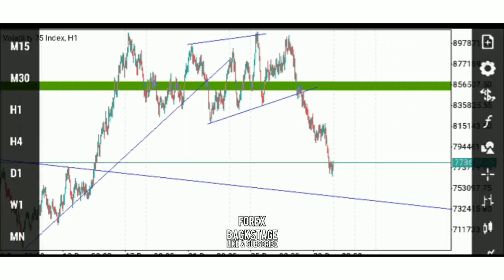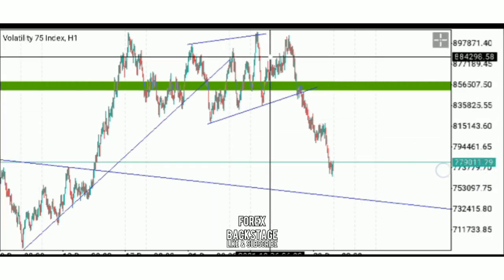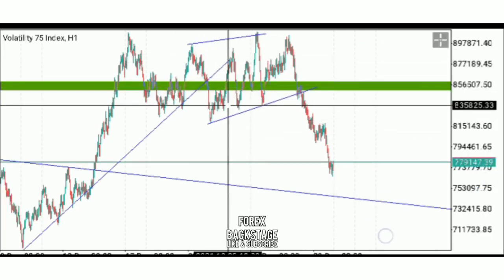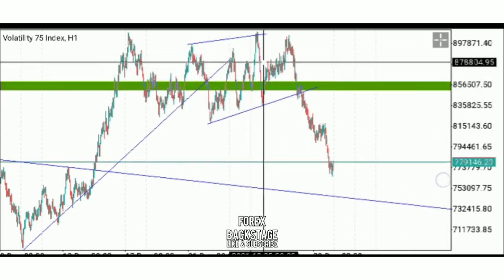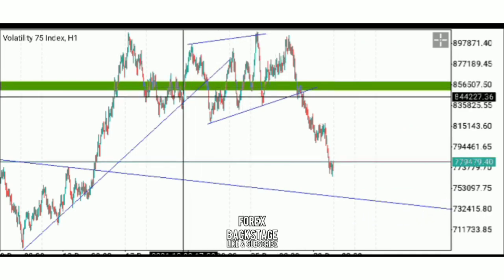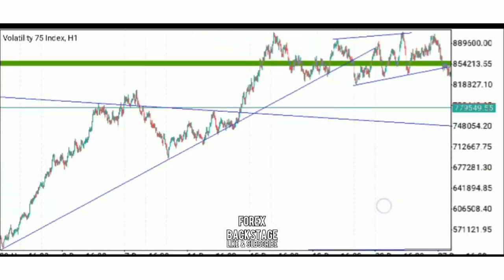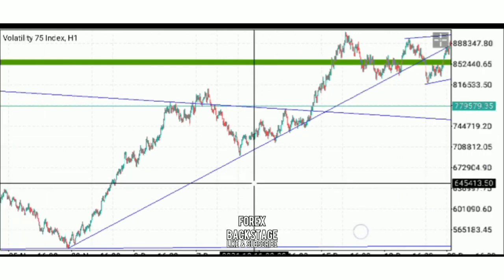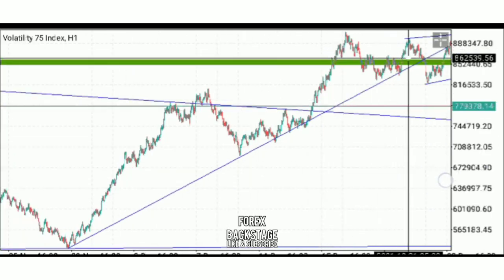So what you have here is a corrective movement after a trend line breakout. That simply means you already have a scenario that, okay, my uptrend is now invalid due to the fact that this upward trend line was broken below.